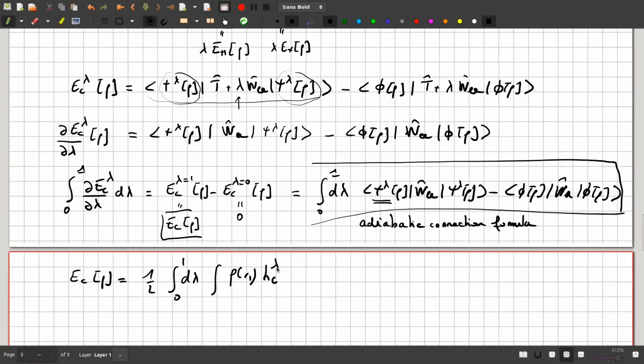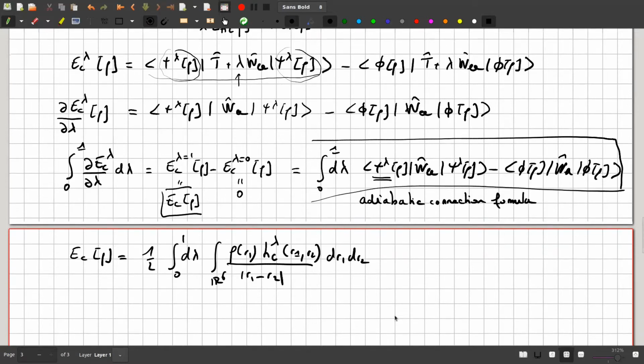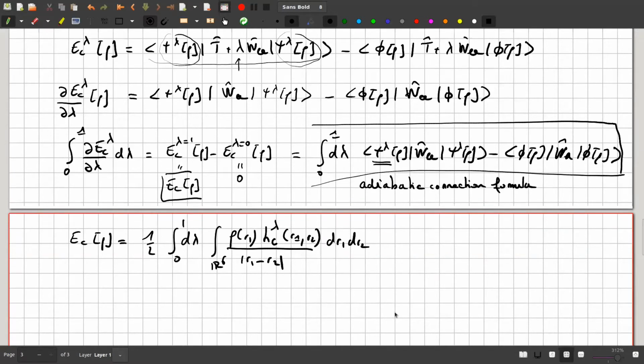So I will call it H_C lambda of R1, R2, integrated with the Coulomb interaction, R1, R2, you integrate in R2. And you can notice that the only thing that depends on lambda in this expression is the correlation hole.